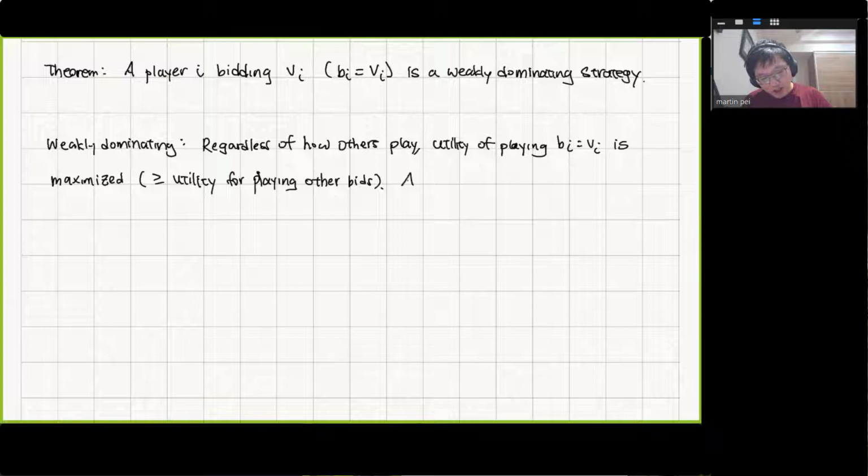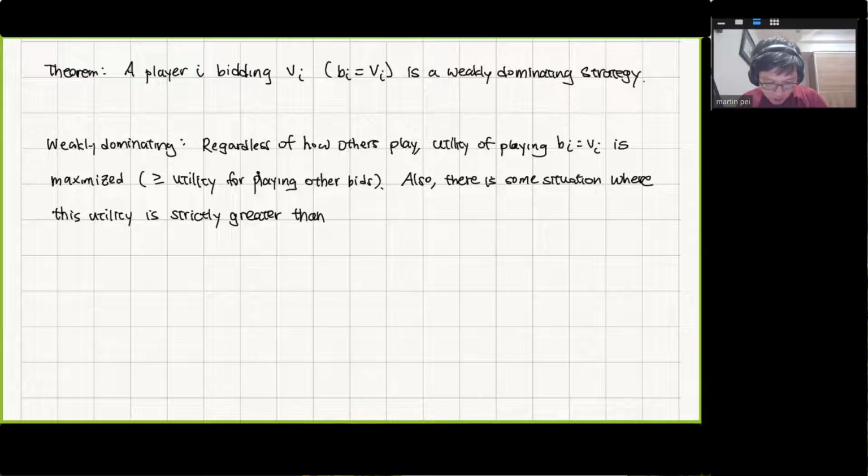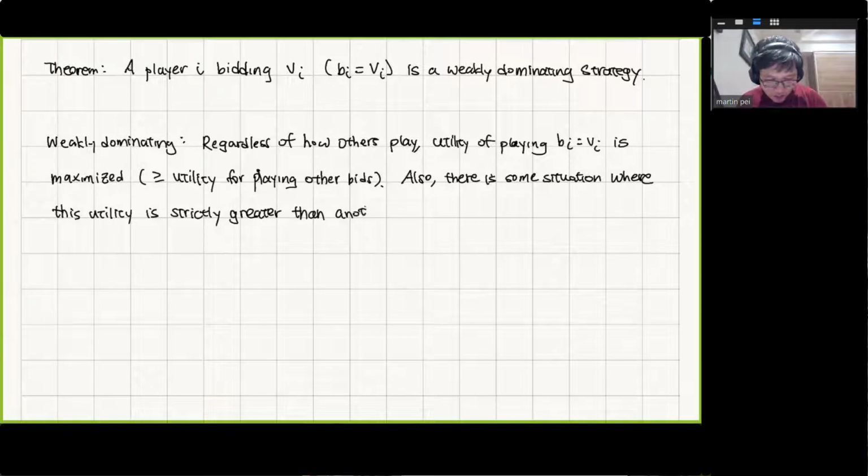So there is some situation where this utility is strictly greater than with another strategy.